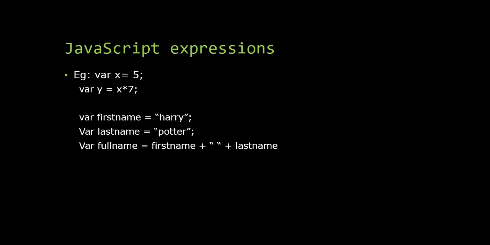Expression, like var x equals to 5, var y equals to x into 7, x into 7 is an expression. This complete line is a complete expression. Same as we can apply on a string, first name, last name, and concatenating them by adding. This is nothing but a JavaScript expression.